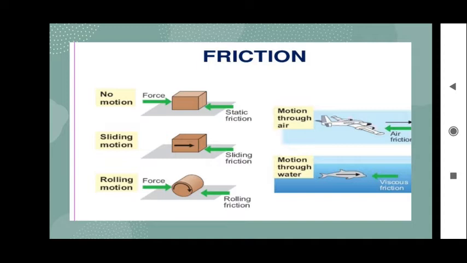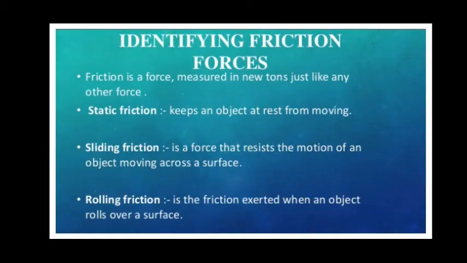So rolling friction acts between the wheels of that suitcase and the surface, or the wheels of any vehicle. These are some of the frictions. Apart from this, there is a friction called fluid friction, which we will be discussing at the end of this video. Next, as we move on, there are different ways to identify how this frictional force will be created.